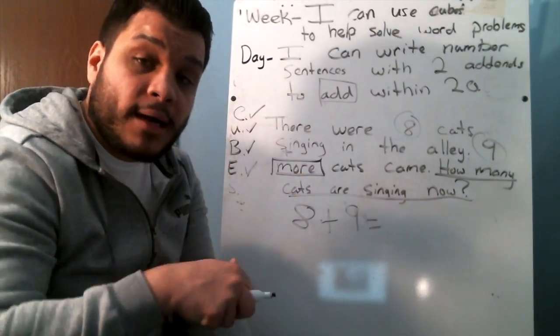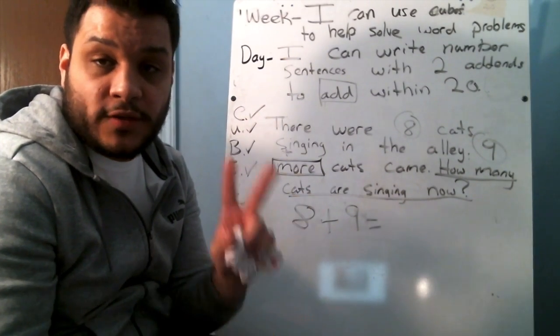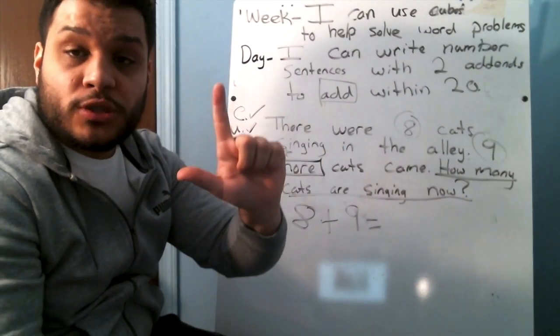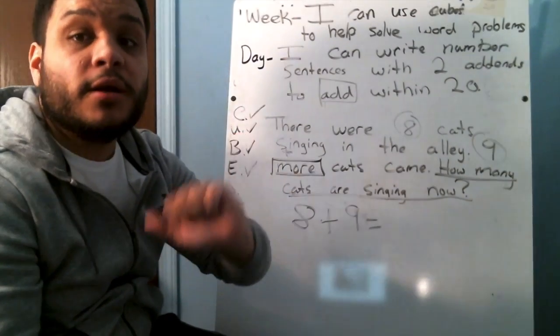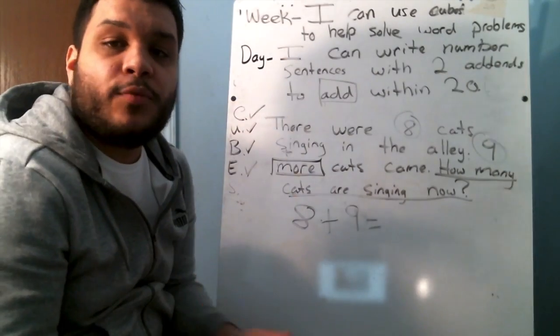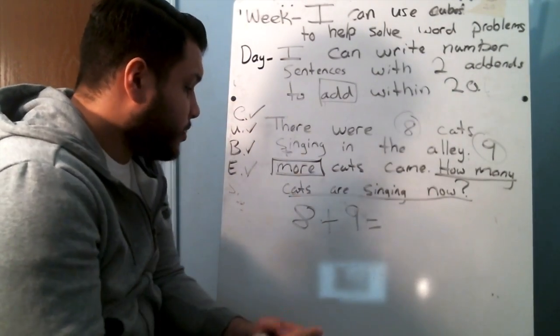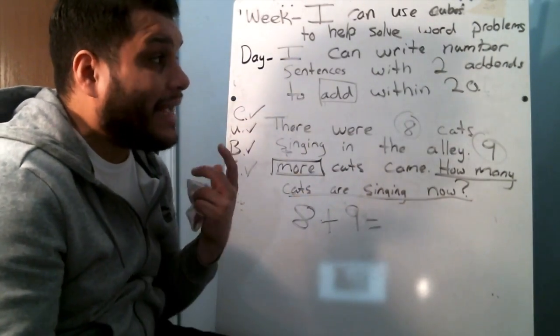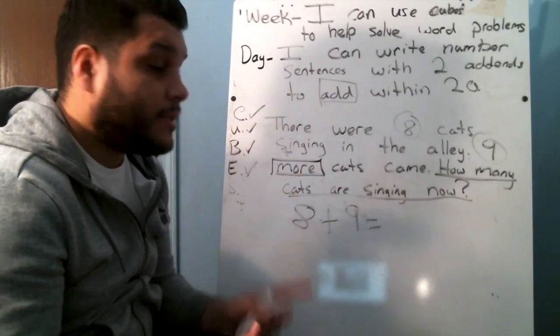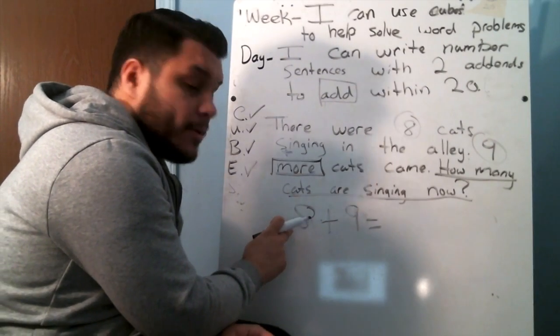Now, on Monday and Tuesday, we learned 2 different strategies. We learned drawing a picture or using manipulatives. So today we will be drawing a picture to help us solve. Well, when I draw a picture, it means that I'm drawing something to represent the numbers. So I'm going to draw my counters.